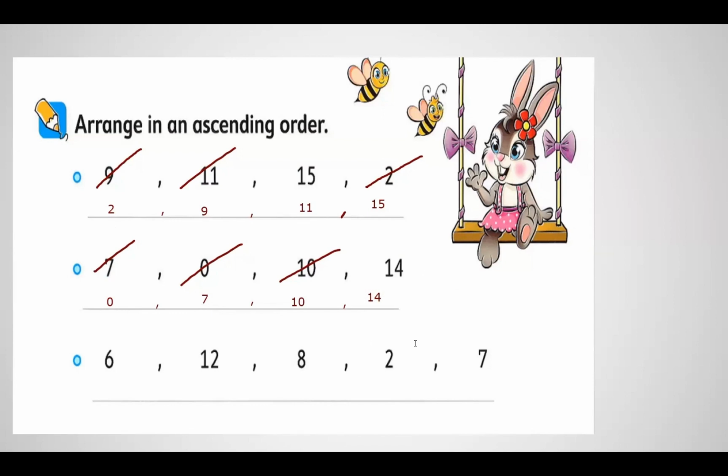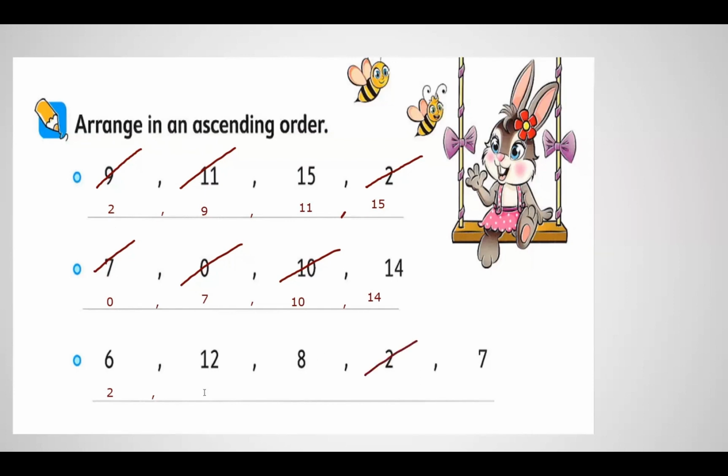Again, arrange these numbers in ascending order. We have 6, 12, 8, 2, and 7. Ascending, A means ant, and is small, so start from the small. Here, the smallest one is 2, so put 2. Okay, after 2, we have 6.